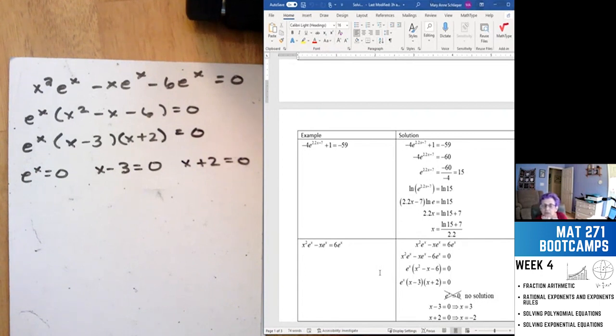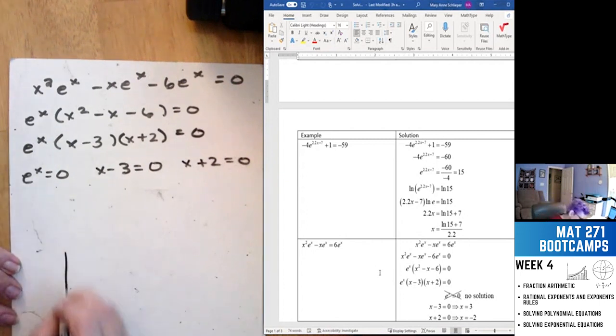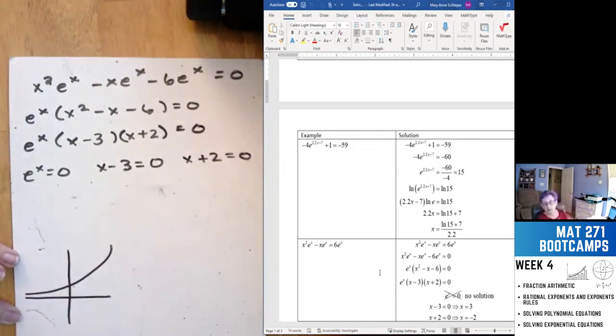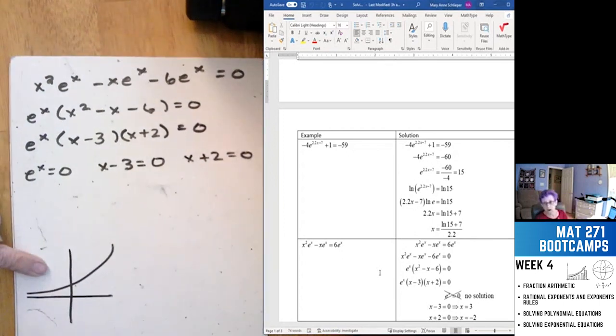Never, right? It never equals 0. E to the x looks like that. I don't draw very well, but I can draw e to the x. It looks like that. It grows really fast and it gets closer and closer and closer to 0, but it never gets there. So this one has no solution.